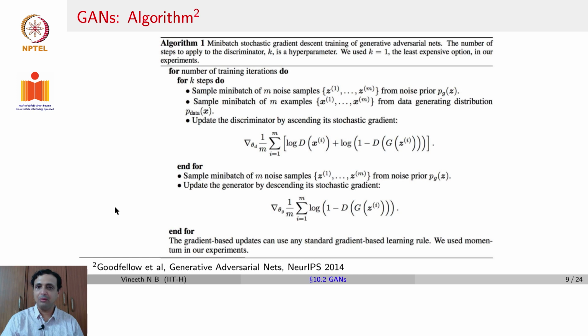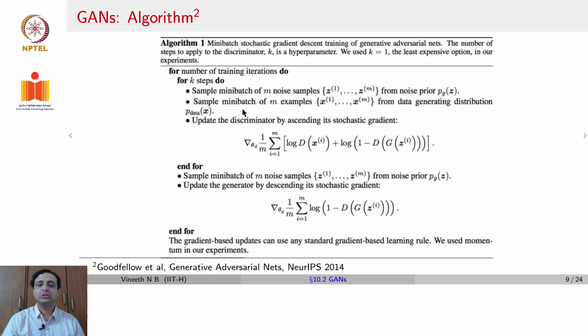So the original paper by Goodfellow recommends that for k steps, you first sample a mini batch of m noise samples from the noise prior Pg of z. So remember, we had a Gaussian from which we get a few vectors which we call noise samples.